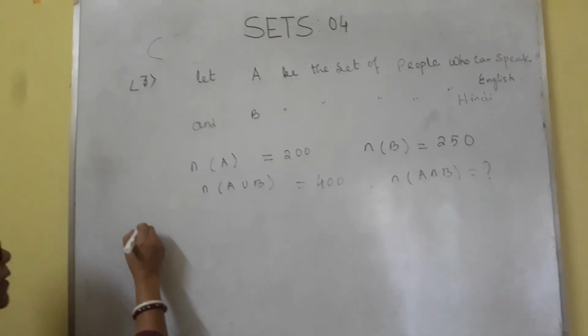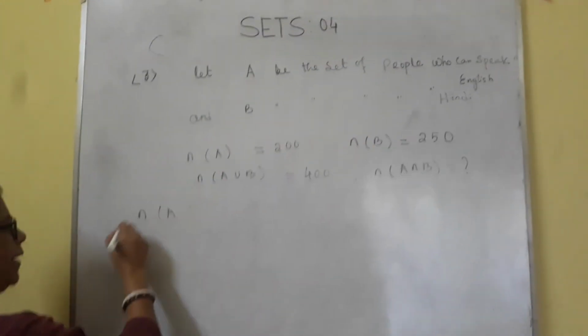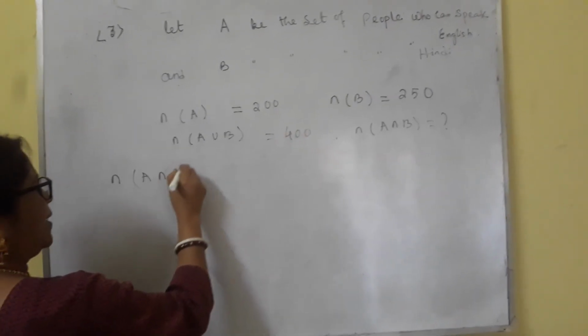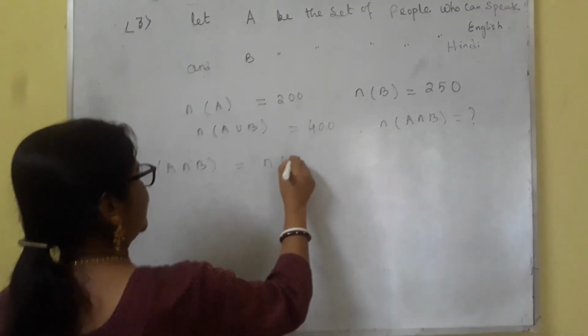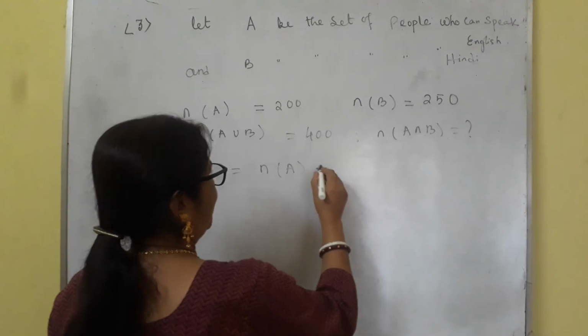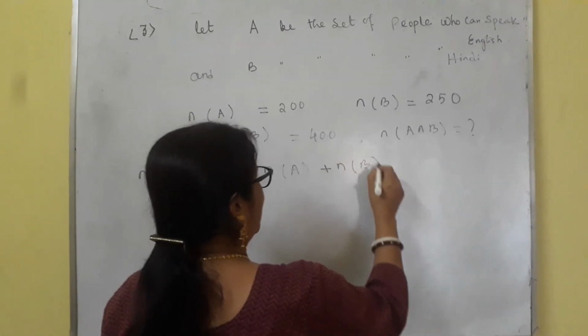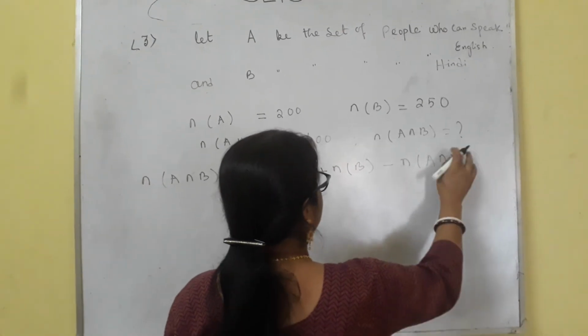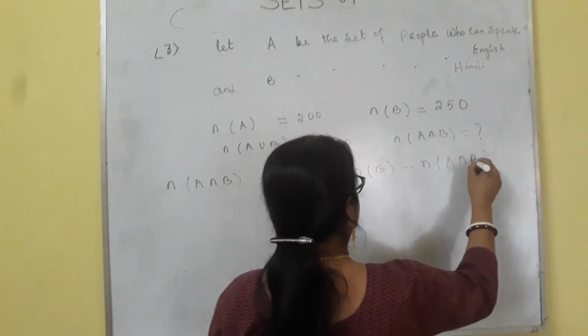First write the formula. We can write it directly this way also. n(A intersection B) equals n(A) plus n(B) minus n(A union B). You can write it like this way.